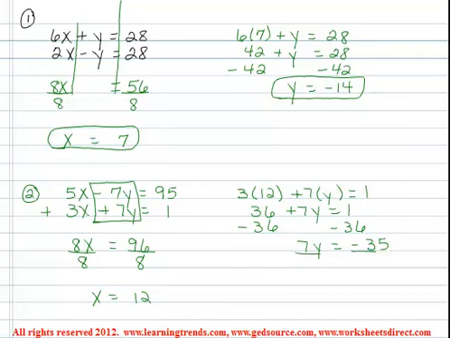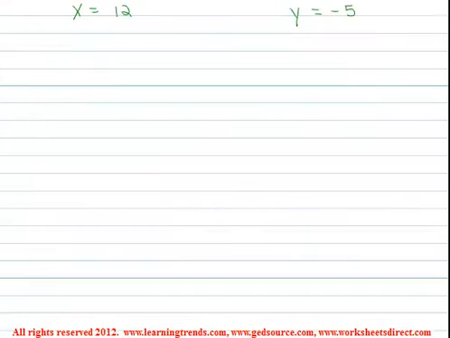Divide both sides by 7. And y equals a negative 5. So in our second problem, x equals 12 and y equals a negative 5. If you wanted to take this one step further and substitute both those values in and check your solutions, you could, but we're not going to at this point.